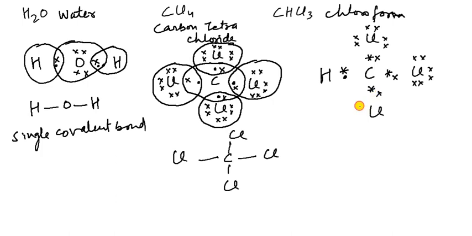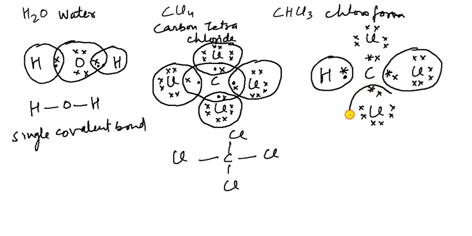These are the symbols of the carbon electrons. Now what about chlorine? Chlorine has 7 electrons, 1, 2, 3, 4, 5, 6 and 7. Once again 1, 2, 3, 4, 5, 6 and 7. And here also 1, 2, 3, 4, 5, 6 and 7.